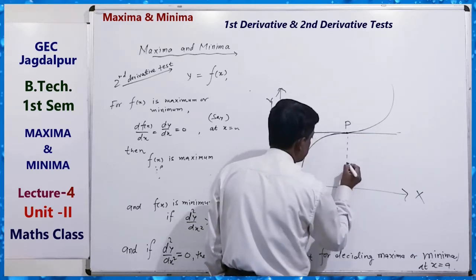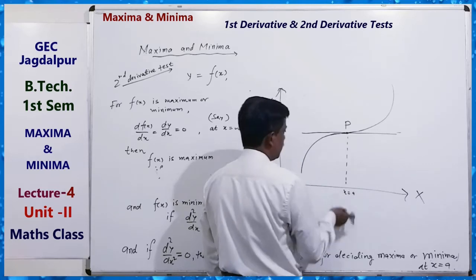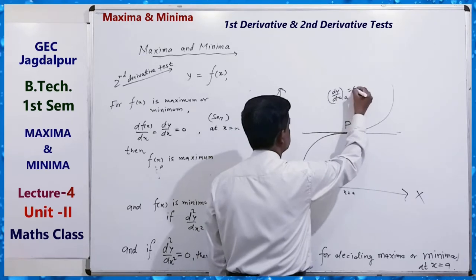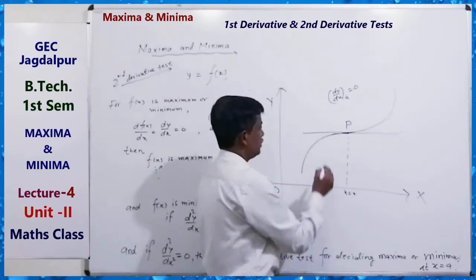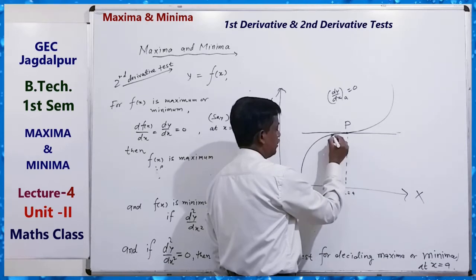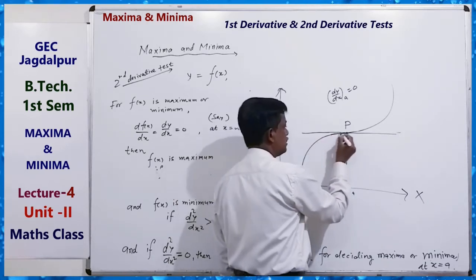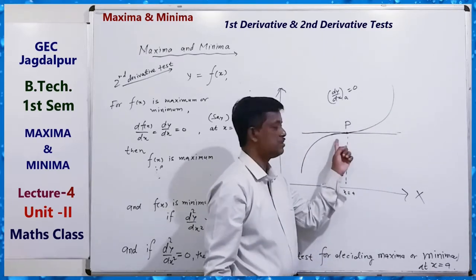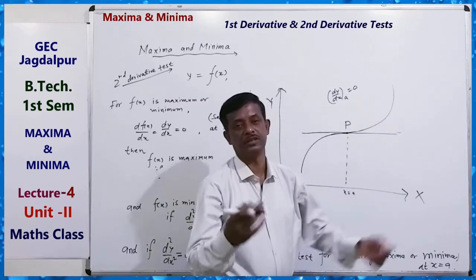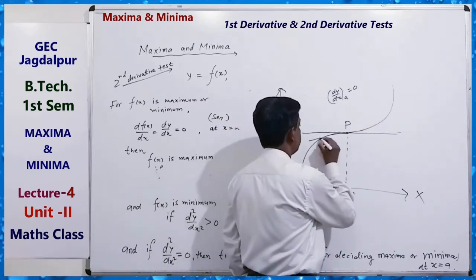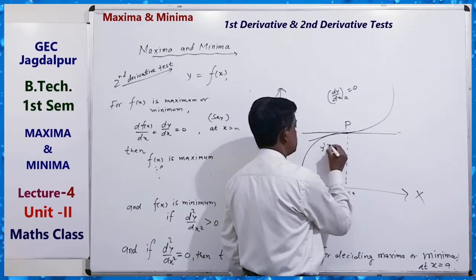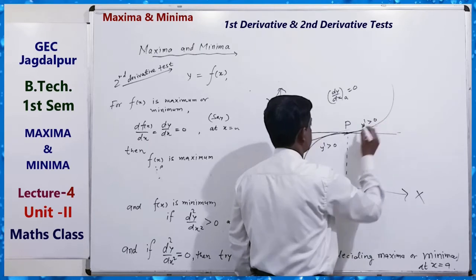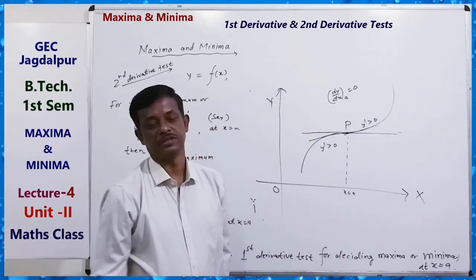Suppose this is the point at x equals a, and at the point a, the derivative dy by dx at a equals 0. But here the curve is increasing, and also here it is increasing. So before this point the curve is increasing, and after this point the curve is also increasing. That is, here the derivative y dash is greater than 0, and here also y dash is greater than 0. No change.